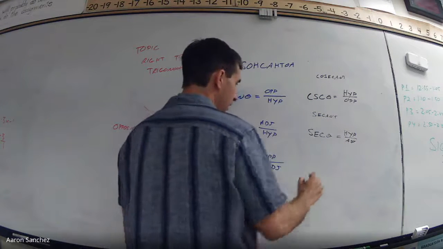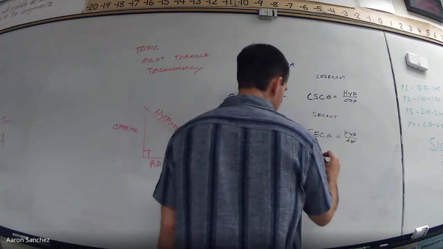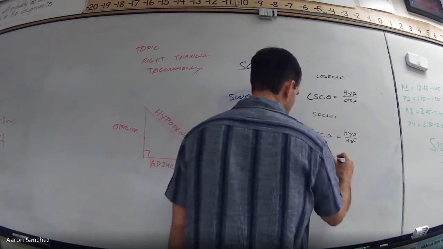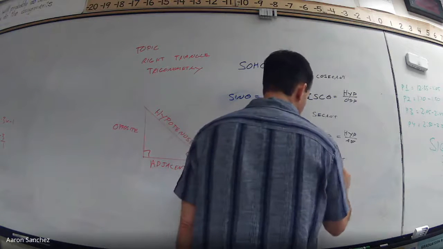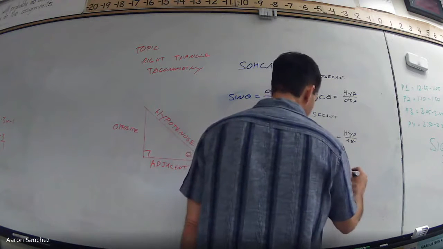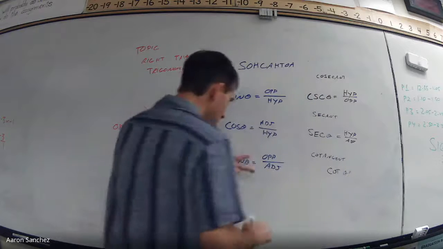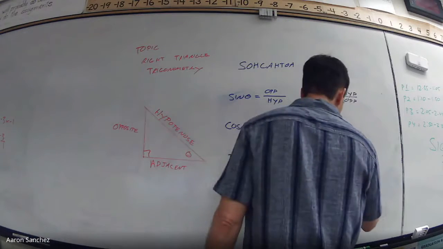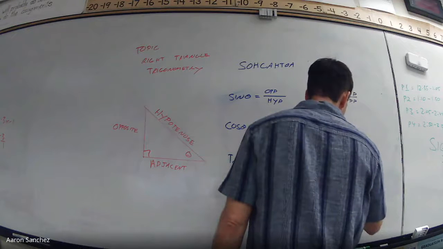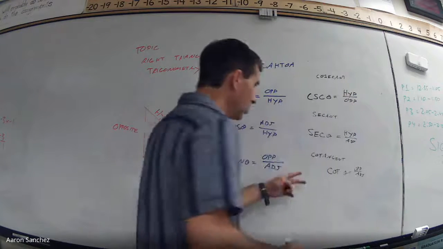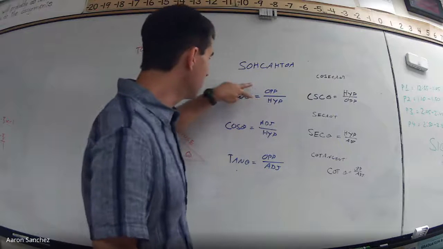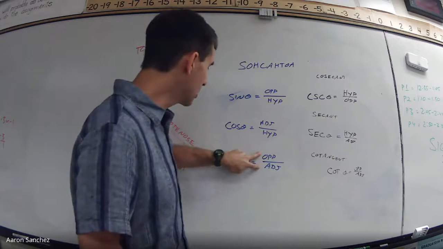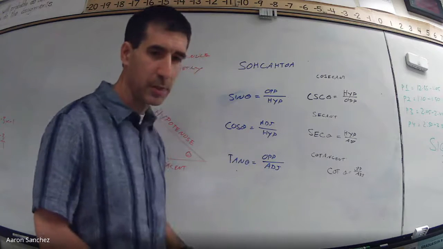And then finally, cotangent of theta is equal to this reciprocal, opposite over adjacent. These are new, but they're just cosecant is sine flipped, secant is cosine flipped, and cotangent is tangent flipped.